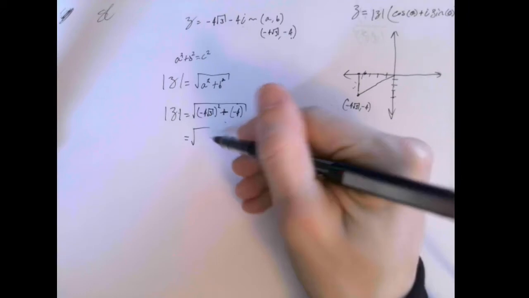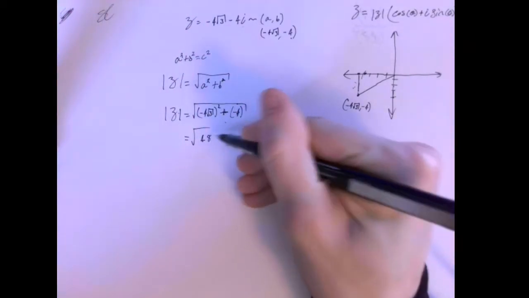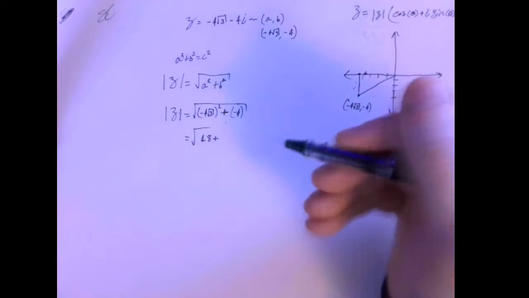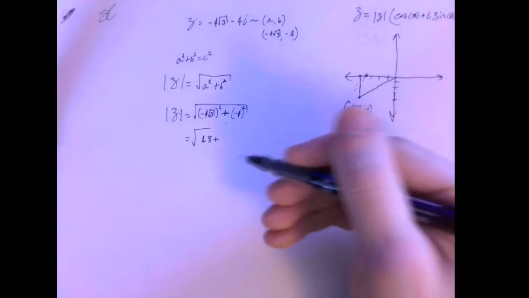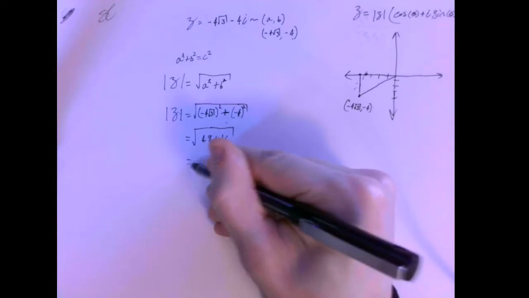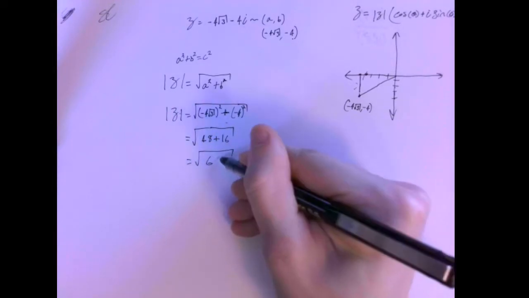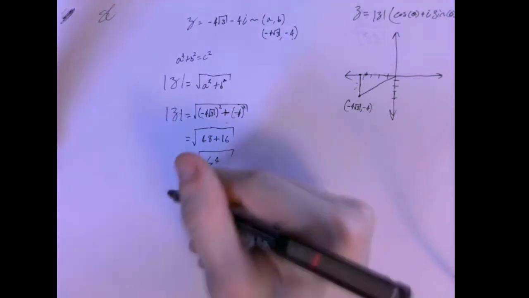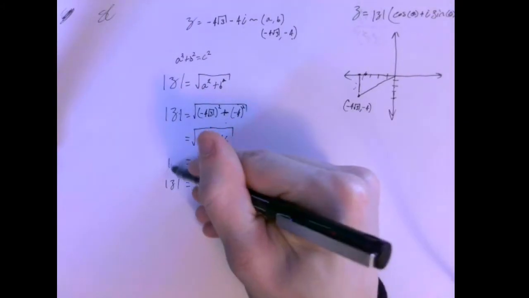So 16 times 3 gives you 48. Plus -4 squared, so -4 times -4 is positive 16. Then 48 plus 16 is 64, and the square root of 64 we know to be 8. So absolute value of z is 8.